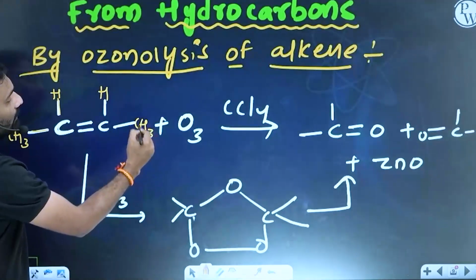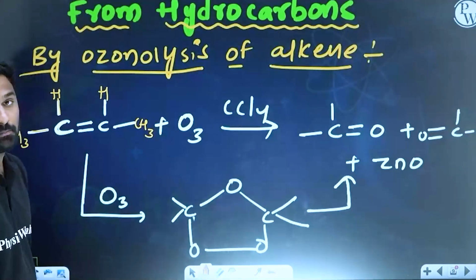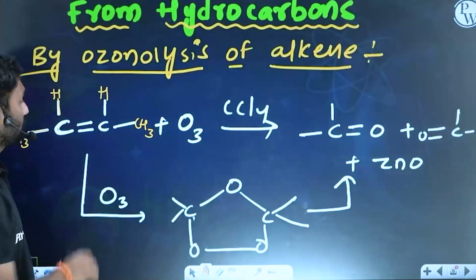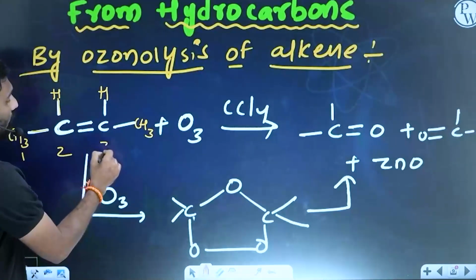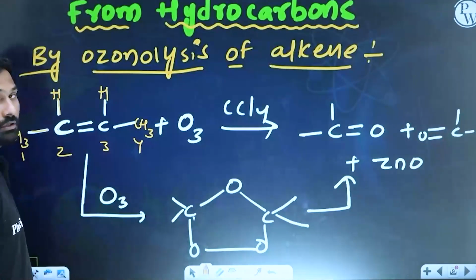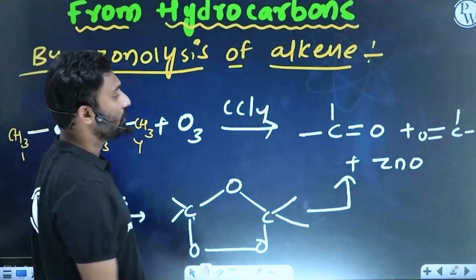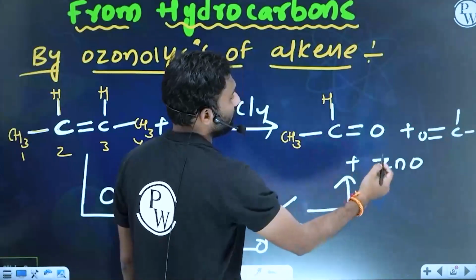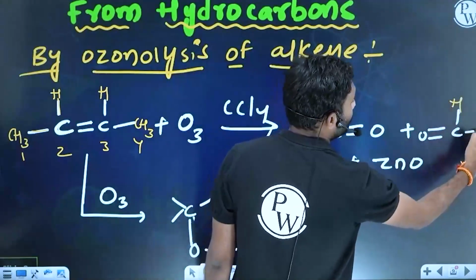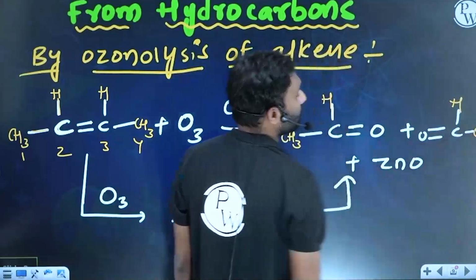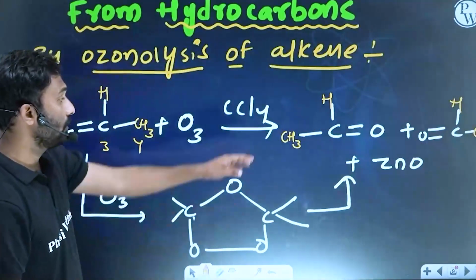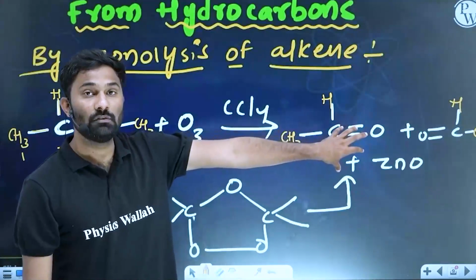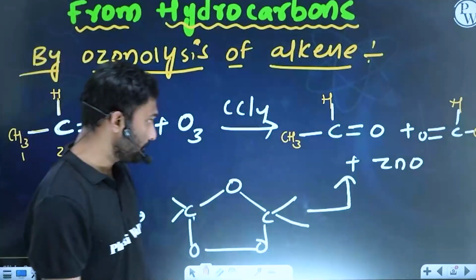If I take butene, 2-butene, now what will it give? Not 2 moles of formaldehyde; it will give 2 moles of acetaldehyde.